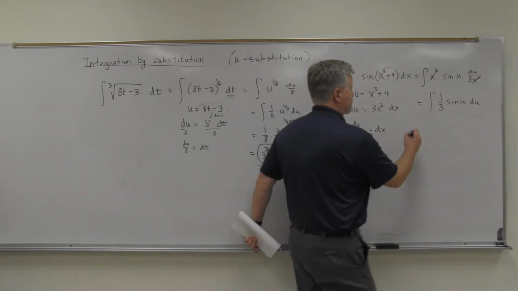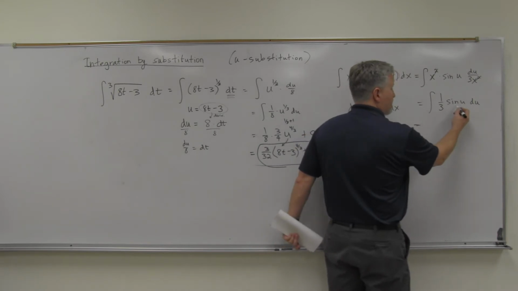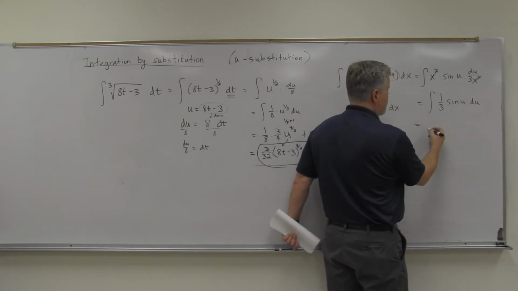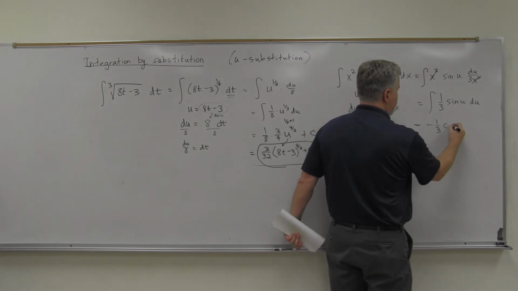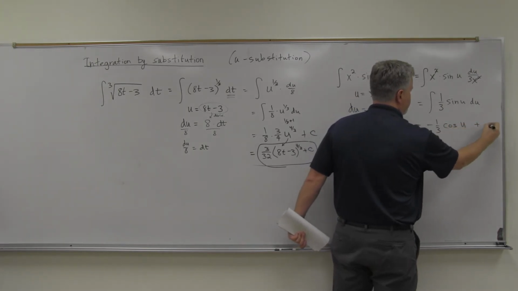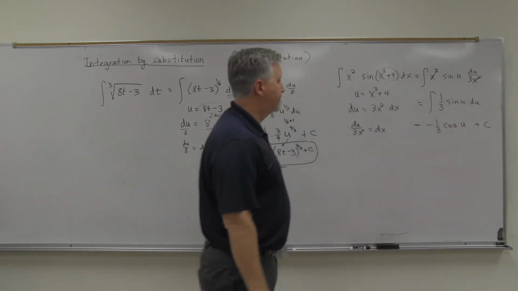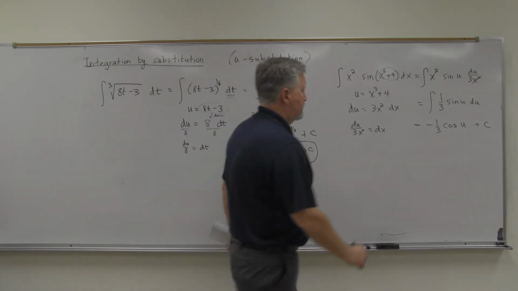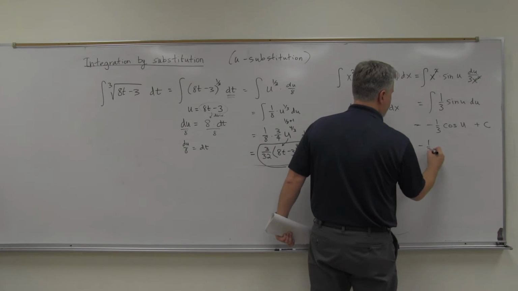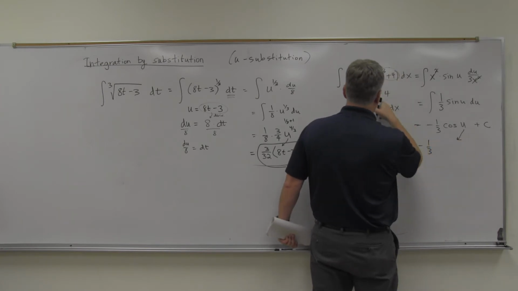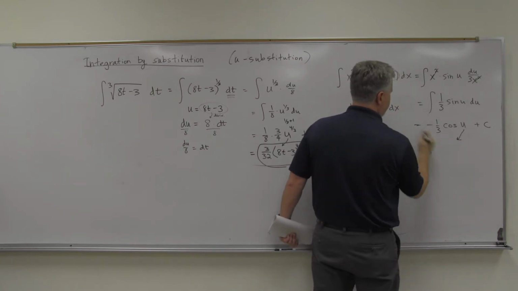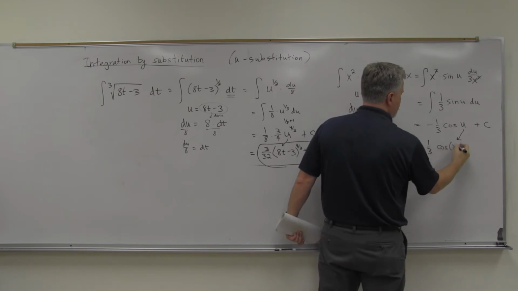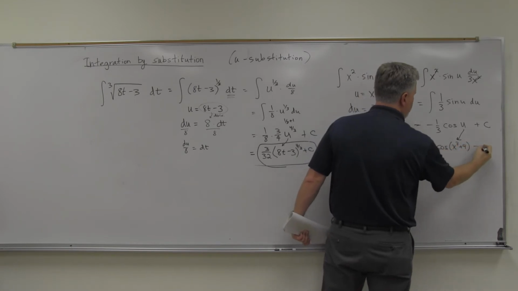The antiderivative of sine of u is negative cosine u, so it'd be negative 1/3 cosine u plus c. And change that back to x: u is x cubed plus 4.